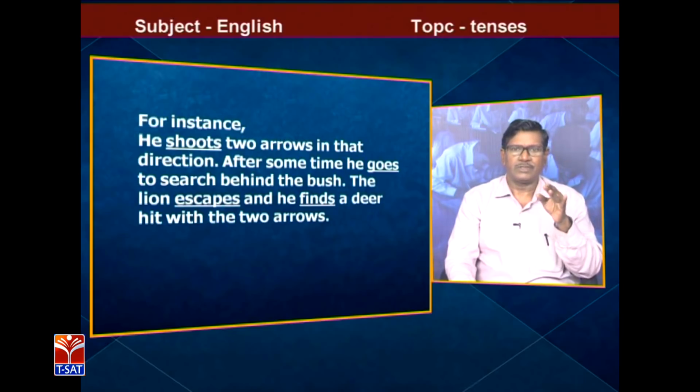He listened to the sound of a roaring lion, and in that direction he shot 2 arrows back. When he goes there to search behind the bush, the lion escapes and he finds only a deer hit with 2 arrows.